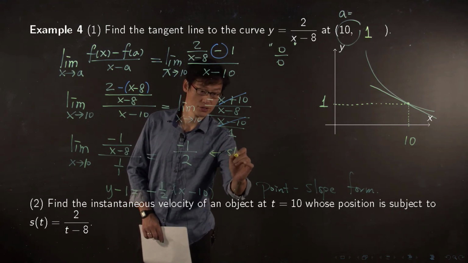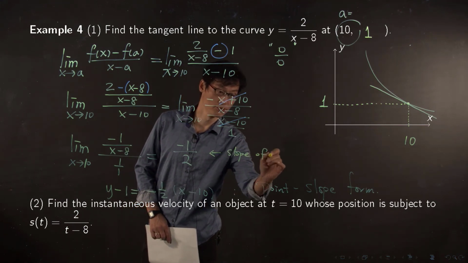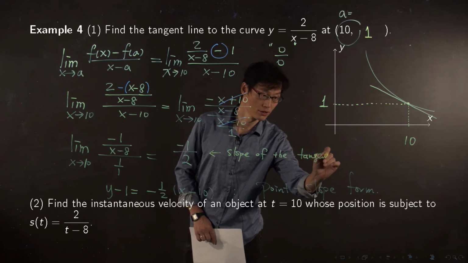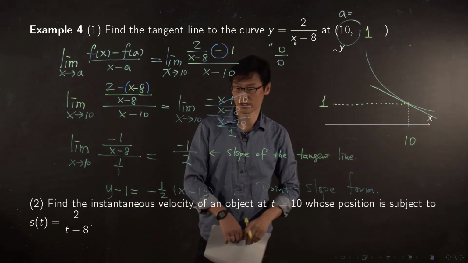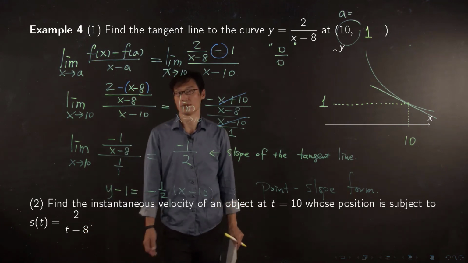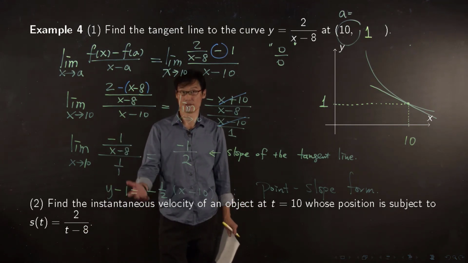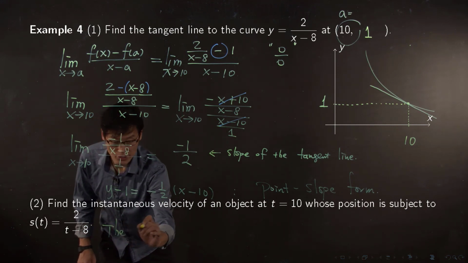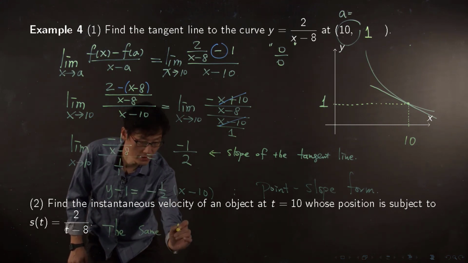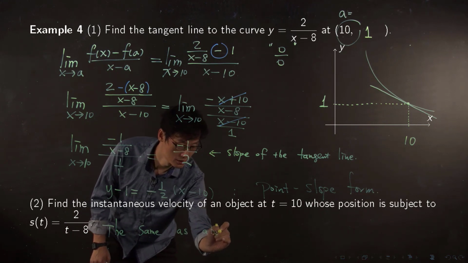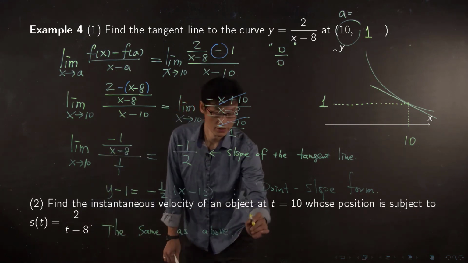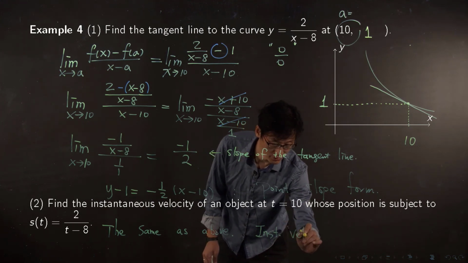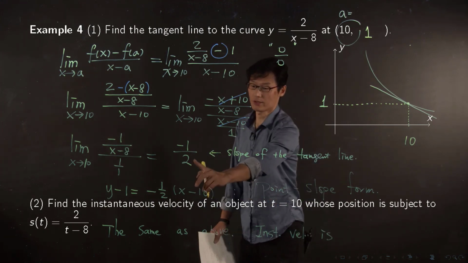So this is slope of the tangent line, which is exactly the same as instantaneous velocity of the same function. So the same as above. Instantaneous velocity is exactly negative 1/2.